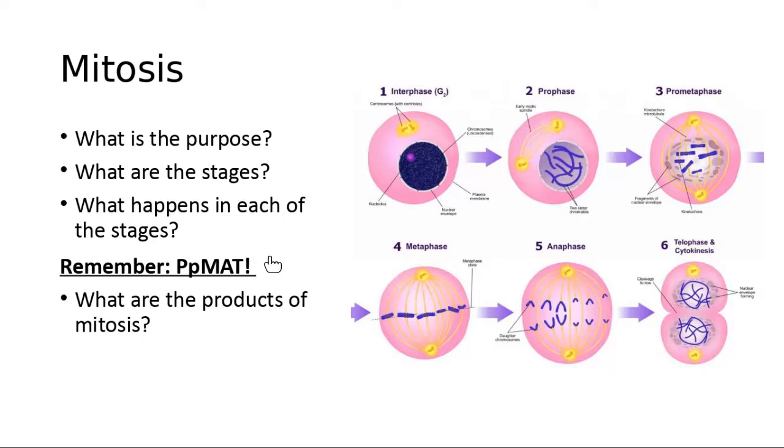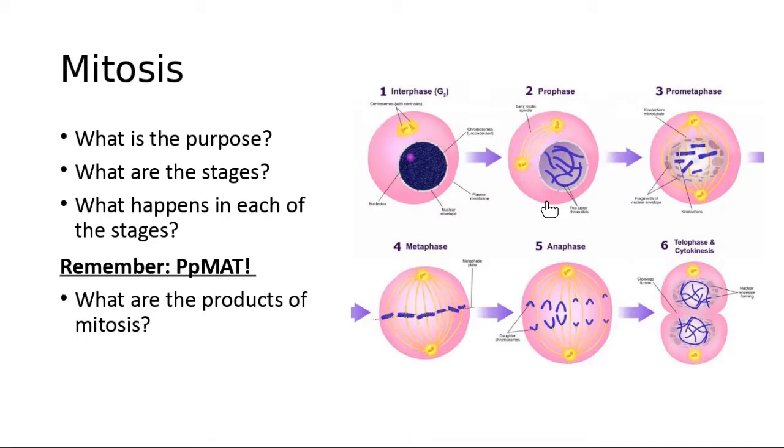And so what I want to talk about basically is what goes on in each stage. So can someone describe to me what happens in prophase? The chromosomes are condensed. Yes, very good. So chromosomes condense. So now we've gone from chromatin to chromosomes.